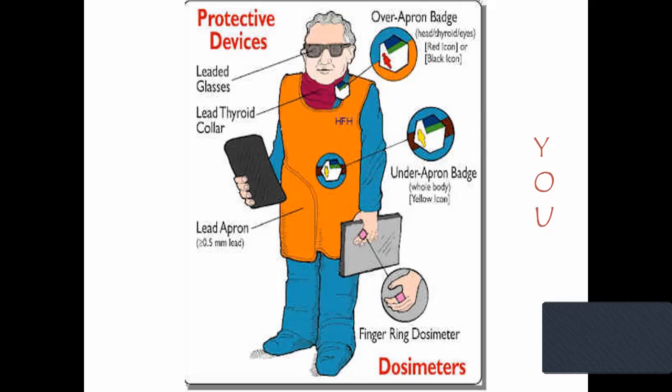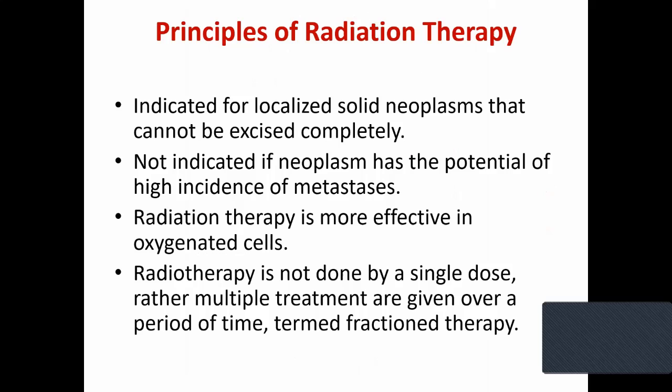If one gets more than the safety level of exposure, he should be given a rest for a certain period of time. And during that time, one should employ a new person for taking the radiograph.